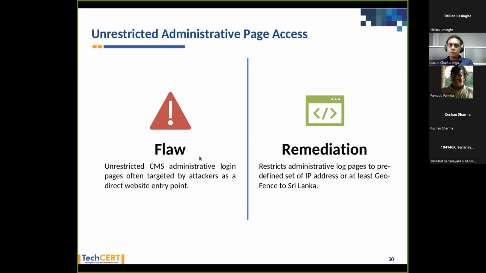For WordPress, the WP admin section is there. These administrative pages should be restricted to particular IP addresses, at least restricted to Sri Lanka, since many of the attackers are coming from outside.